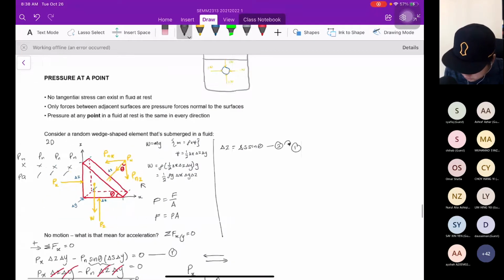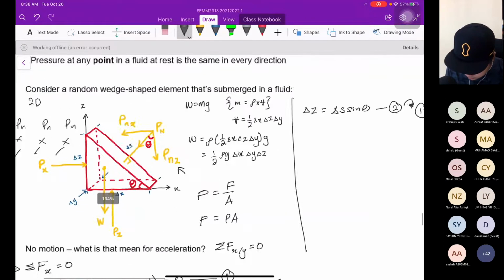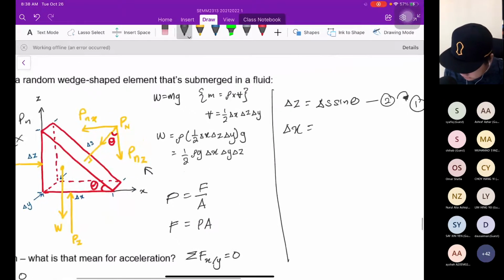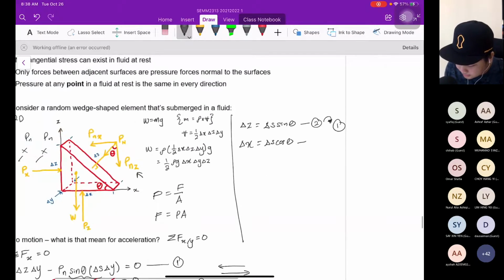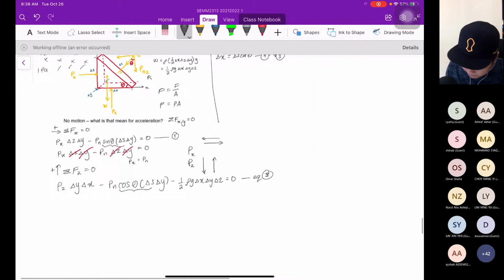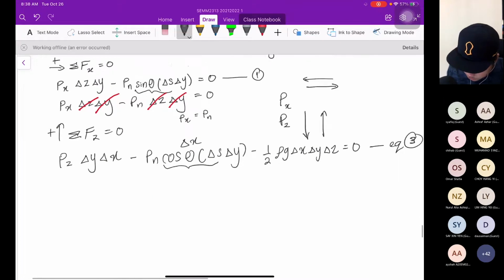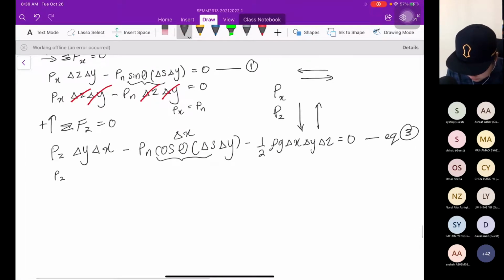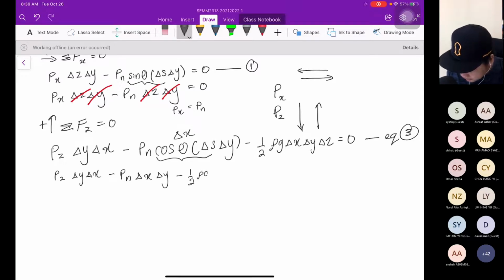In order to get delta X is equal to delta S hypotenuse cos theta, let's say this is equation 4. Substitute into equation 3. You can see here, I can replace directly with delta X. So, write again, Pz delta Y delta X minus Pn delta X delta Y minus half rho G delta X delta Y delta Z equal to 0.